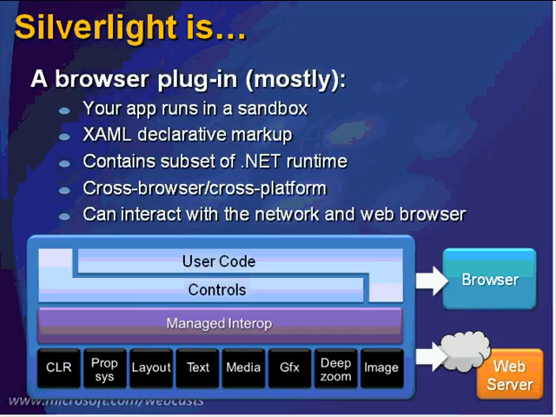Your application runs in a sandbox with a subset of the .NET runtime, so the kind of programming you've been doing, if you're a .NET developer, is going to be very familiar. And it can also interact with the network and the web browser directly, so that you can get to anything on the web page, the JavaScript environment, etc., or you can do network calls back to your web server.